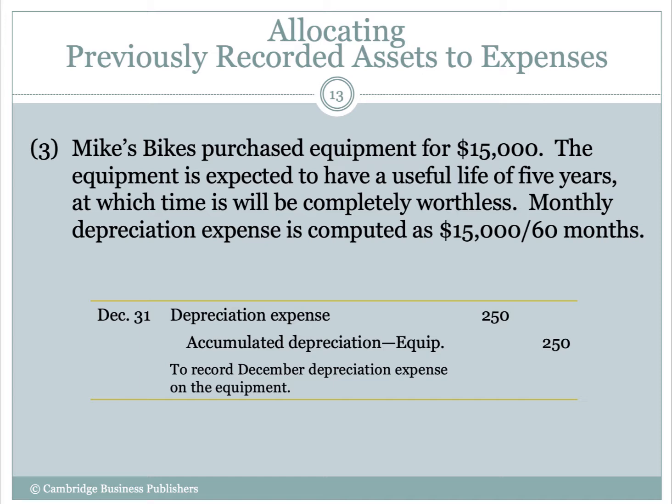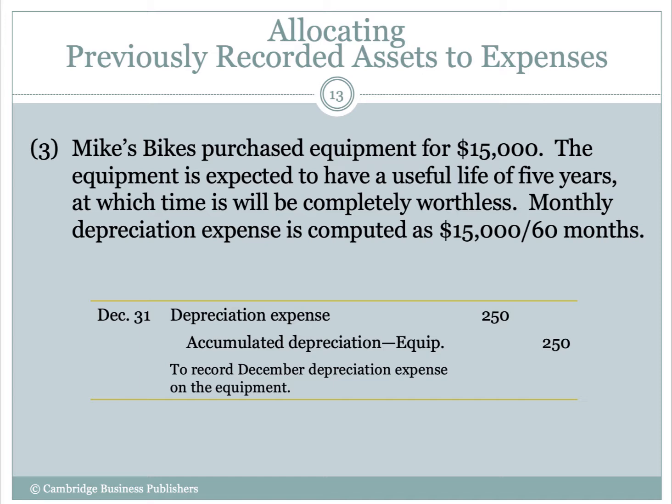Now, this is very, very, very important, okay? Notice what we're doing here, right? This is an example of a prepaid expense, right? And I said, whenever you have a prepaid expense, you debit an expense, credit an asset, okay? That's true with the exception of depreciation. In order to book depreciation, we have to use a contra asset account called accumulated depreciation.